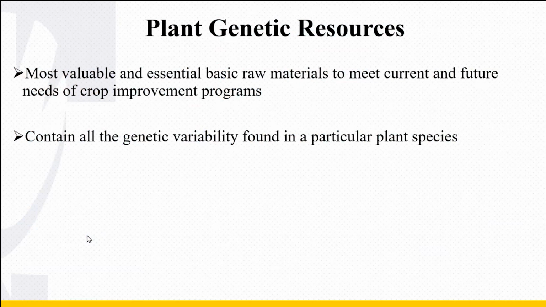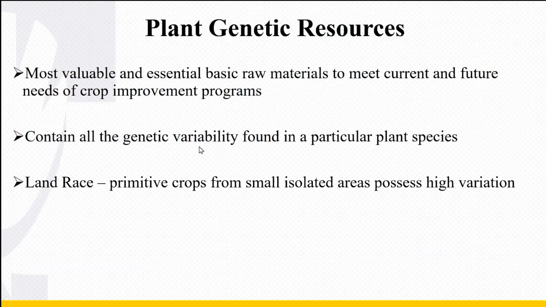When I'm thinking about a plant bank, I'm also thinking about a fertility bank where we're going to get a specific genetic resource that we know is going to almost breed true to type. It's really all of that genetic variability found within a particular plant species. So you have to think about how many plants we have, and how many different species there are and the different traits within them.